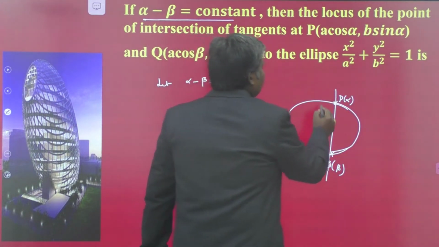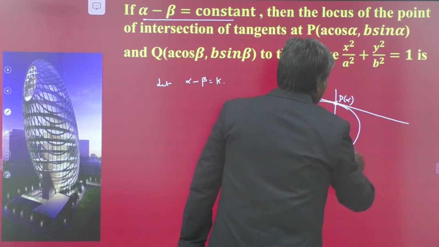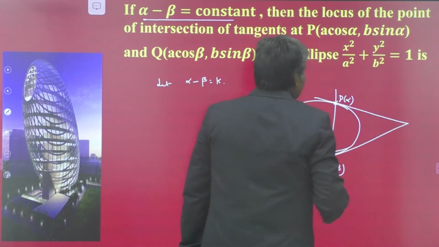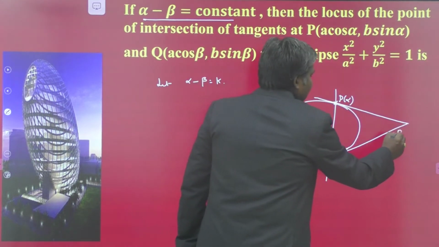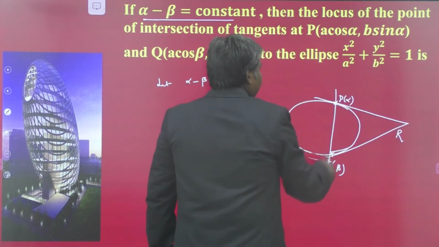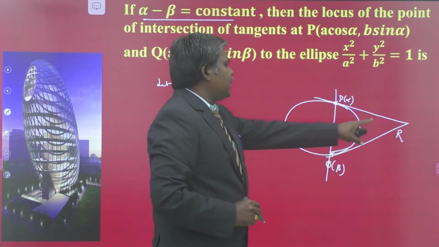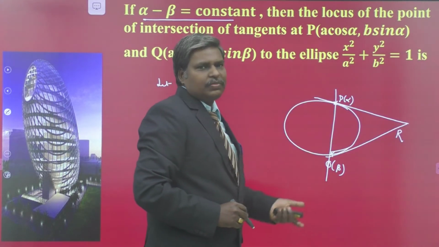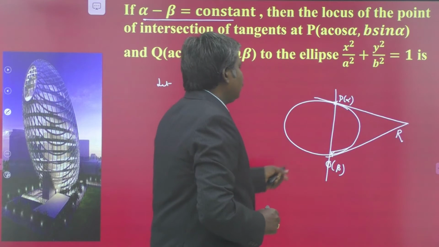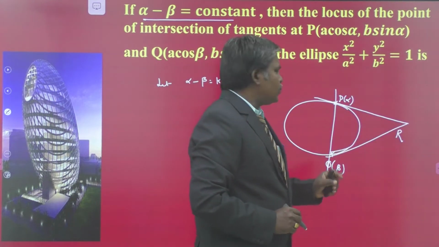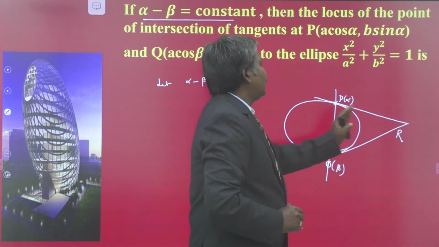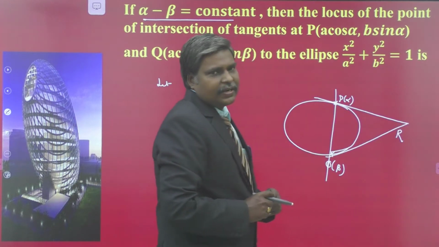We have to find the point of intersection of the tangents at these points. Suppose it is R, then with respect to R, this becomes the chord of contact. When the point is outside, the chord of contact becomes the polar. So R becomes the pole. So you have to find the pole of R with respect to this line.